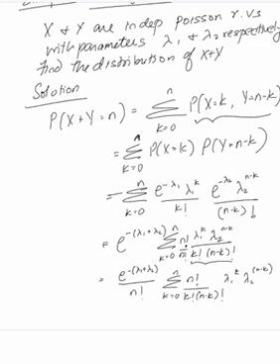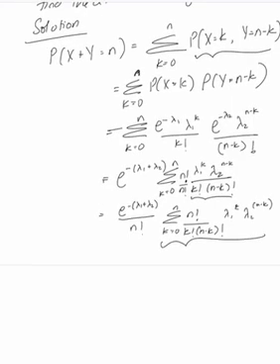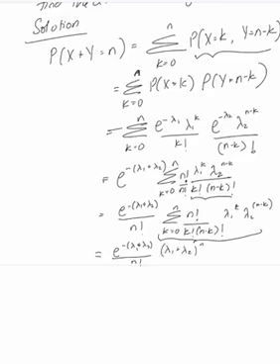Okay, now take a look at this. What do you recognize this as? You do know this. This is just the binomial expansion. So this is lambda 1 plus lambda 2 to the n. What do we have outside? E to the minus lambda 1 plus lambda 2 over n factorial. Okay, and what is this?